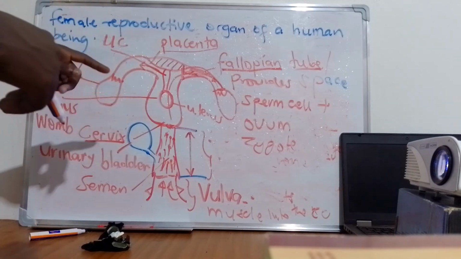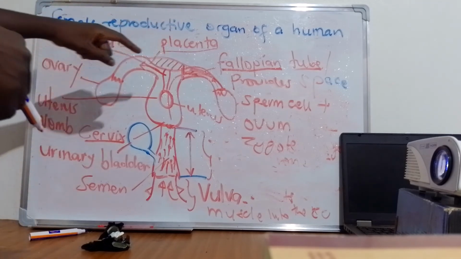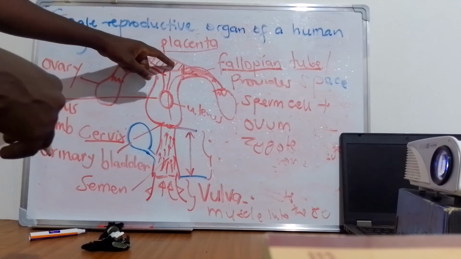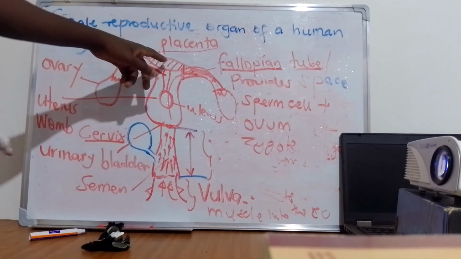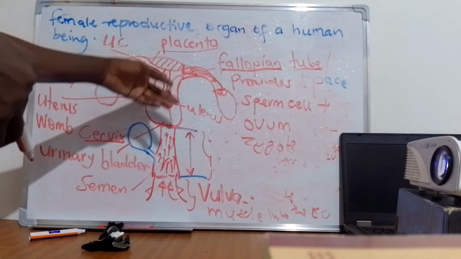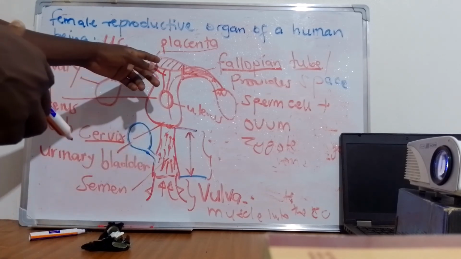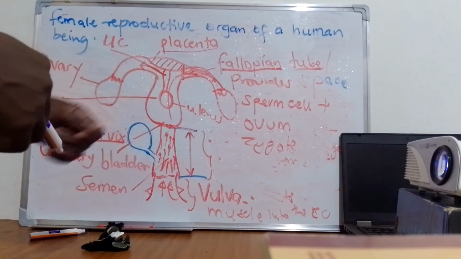At the same time, food from the mother is stored in the placenta, and the placenta releases it into the baby. So the placenta acts as a store for food meant for the growing baby, and also as a store of wastes from the growing baby.